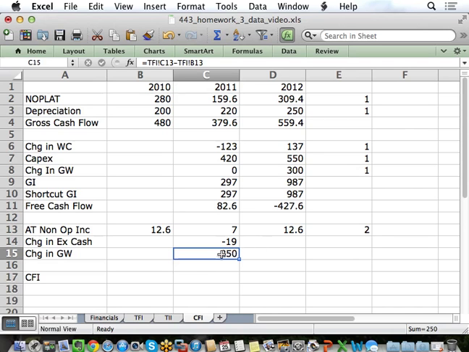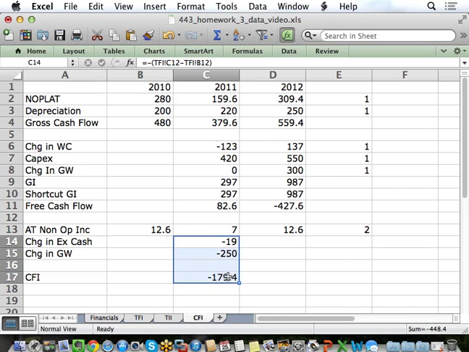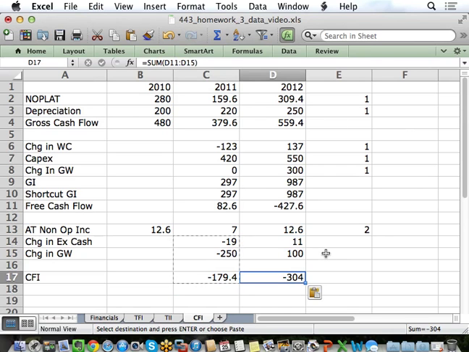Same thing if I go buy another company for $250: that reduces the cash I have available to pay out to investors. So an increase in goodwill will reduce my CFI. I have to flip the sign. So if I sum all these up, free cash flow plus non-operating cash flows, that gets me my CFI, which is negative 179.4 and negative 304.